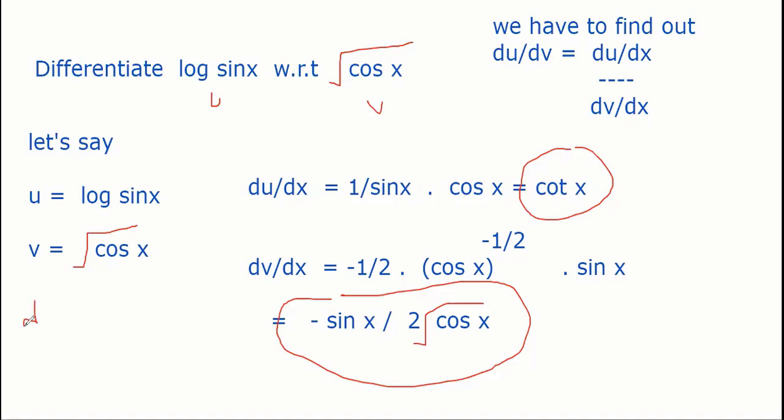So du by dv, which is what we finally need, is cot x over minus sin x by 2 root cos x, or the 2 goes up. So let me write 2 here and cos x.